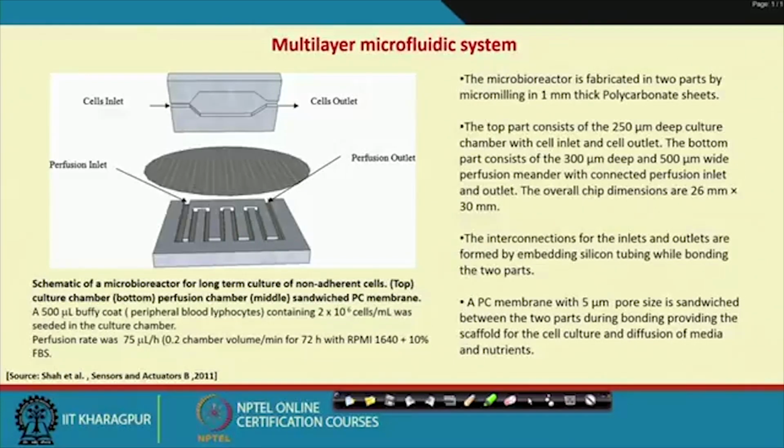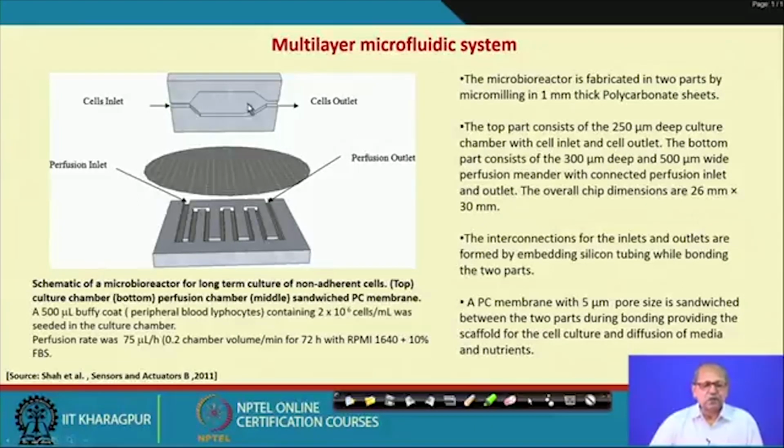Multilayer microfluidic system, this is another system, particularly when you are using two types of cells for co-culturing, or non-adhering cells, or floating cells you want to culture and perfuse. Here we are giving an example where we are culturing non-adhering cells with perfusion for dynamic culture. In the upper PDMS layer chamber, your cell suspension is there, and the lower PDMS chamber is a zigzag or meander type of microfluidic channel where the media will pass.